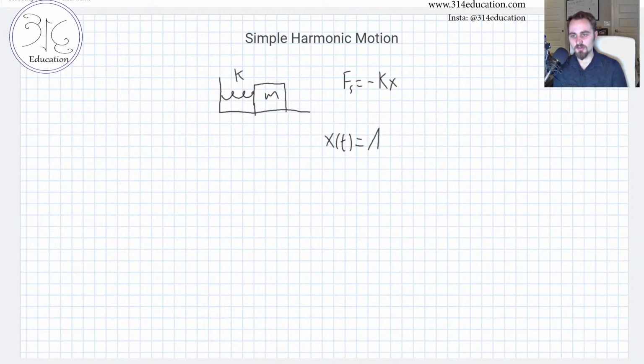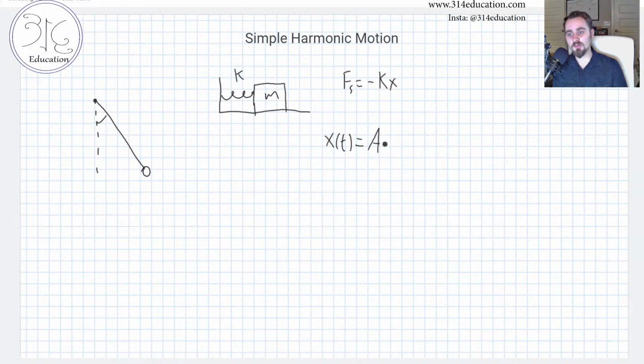And so we can write this as the amplitude, which is going to be the maximum distance that we displace from the center. For mass on a spring, that's just going to be the literal distance. For a pendulum, that's going to be sort of the starting angle that you lift it up to. Because, yeah, pendulum's another simple harmonic system.